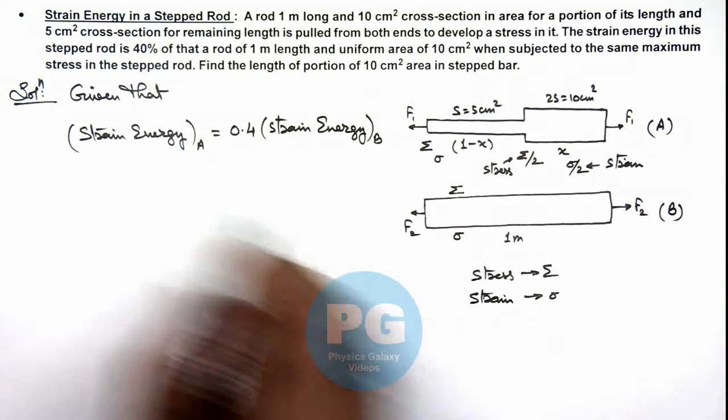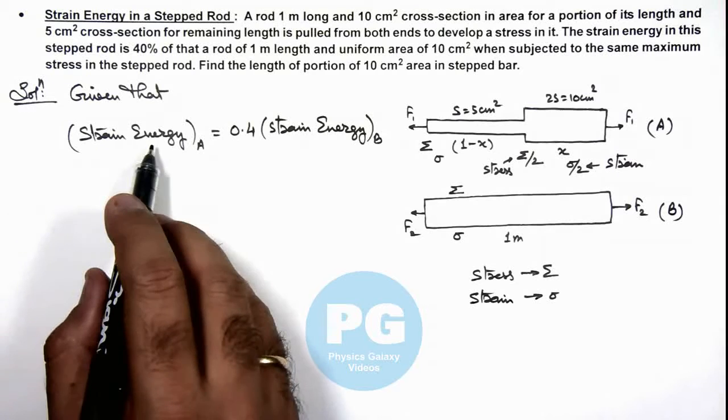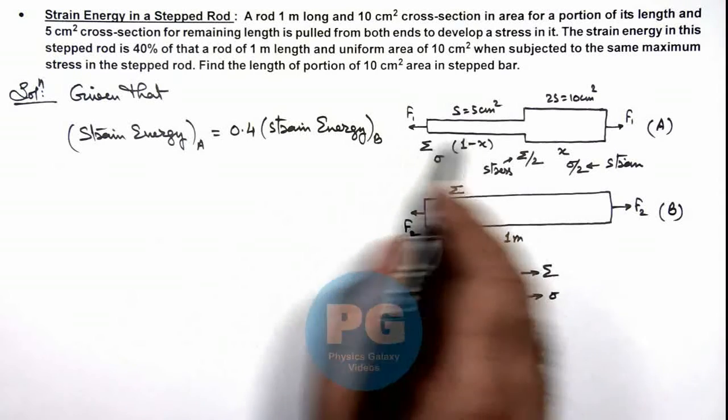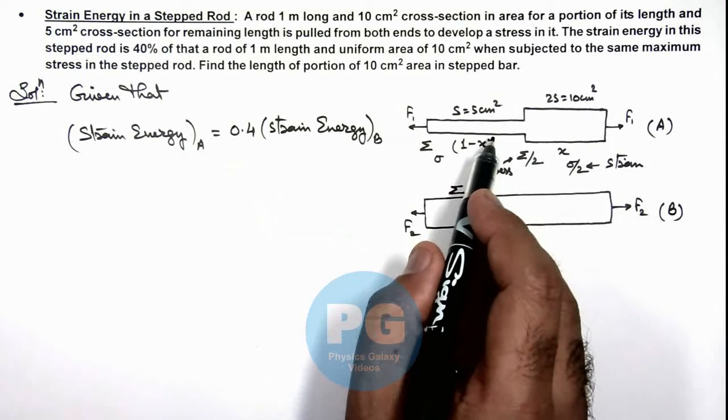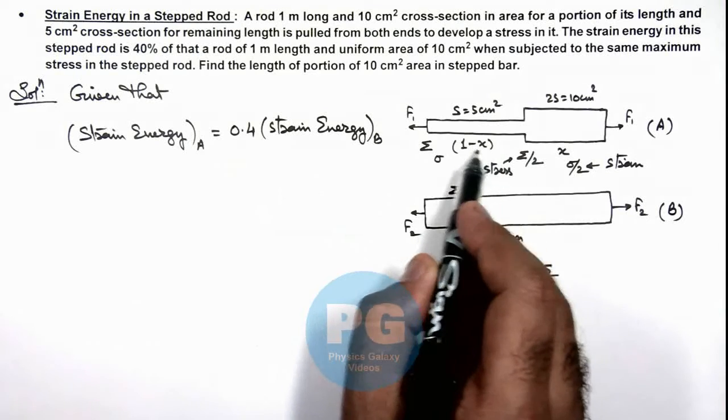Now if we substitute the value of strain energy, here strain energy can be written as energy density multiplied by the volume.